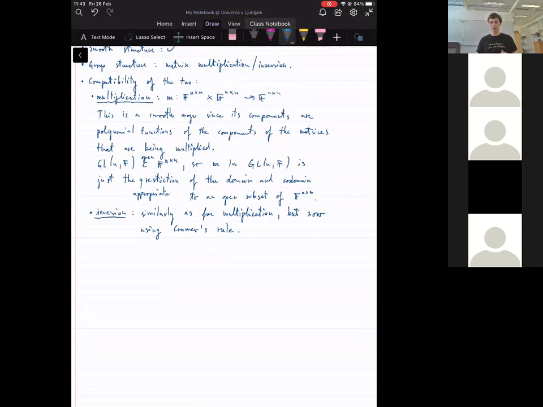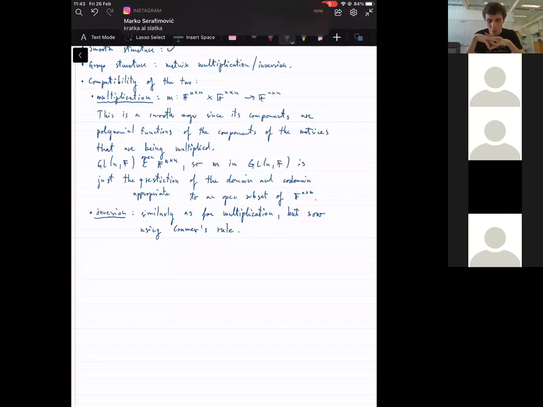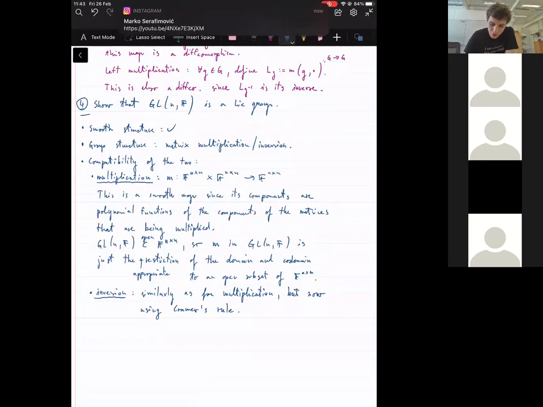Okay, so now that we have solved this exercise, in the last exercise sessions we said that GL_n(C) is connected, right? But we didn't give a proof. Do you know how the proof would be done now that we know that GL_n(C) is a Lie group?